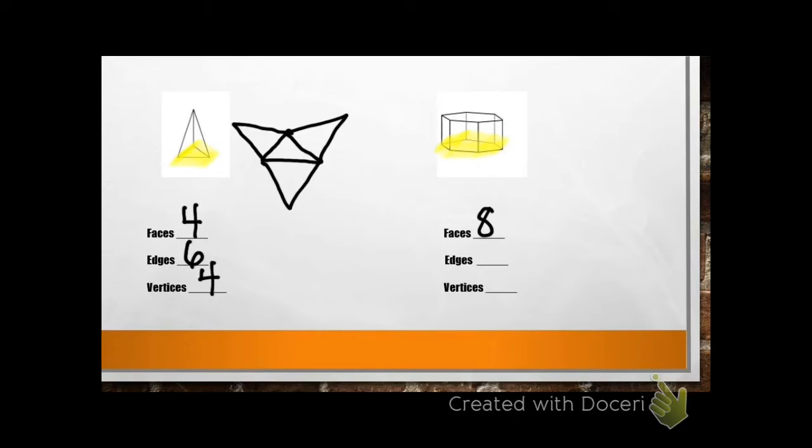So my edges are going to be 6 times 3, which is 18. I have 18 edges. Now, when I'm thinking about my vertices, I'm thinking about the points or the corners. If I look at my bottom shape again, that's a hexagon. There's 6 points there. That means there will be 6 on the top. So 6 plus 6 is 12.